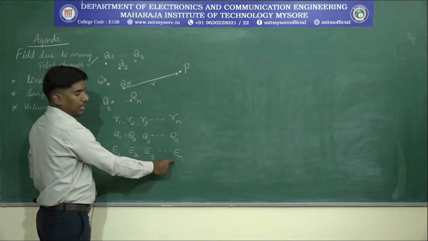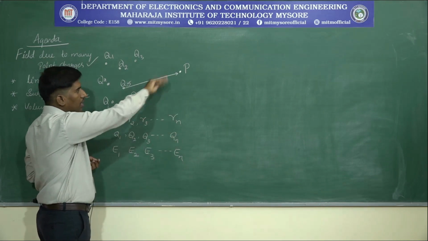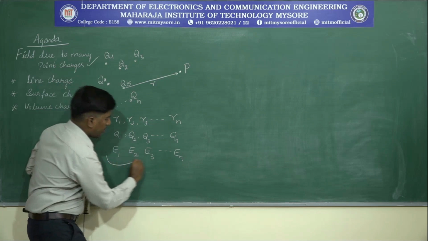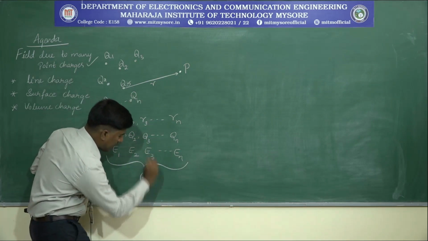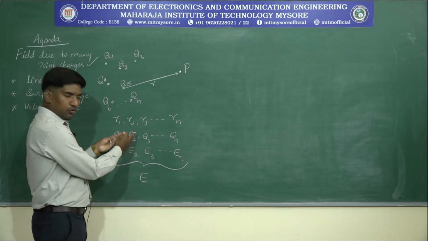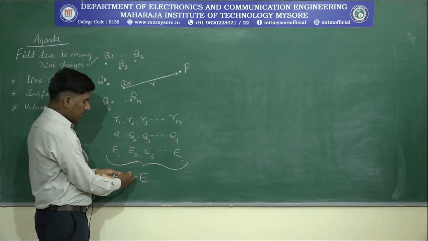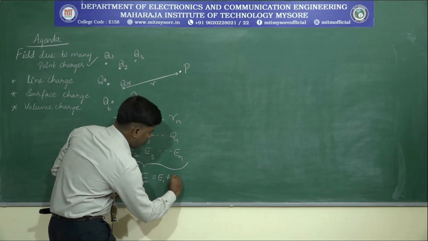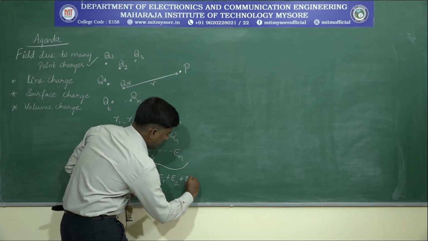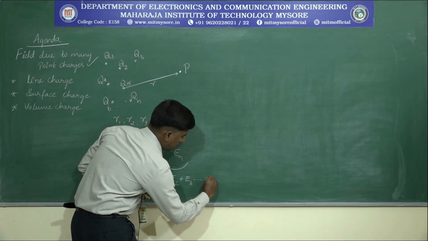The electric field intensity due to Qn is En. So the overall electric field intensity produced by all these point charges is E. According to the superposition principle, E is equal to E1 plus E2 plus E3 and so on up to En.